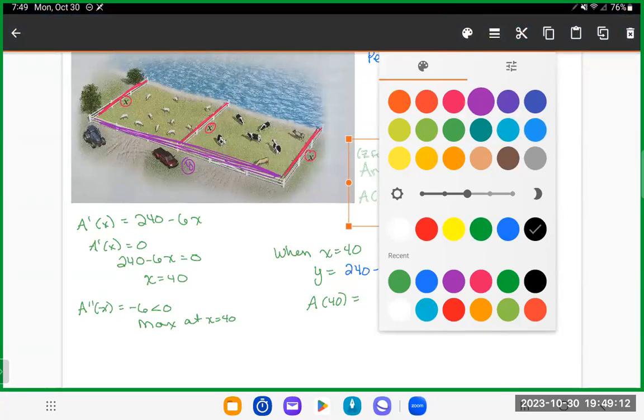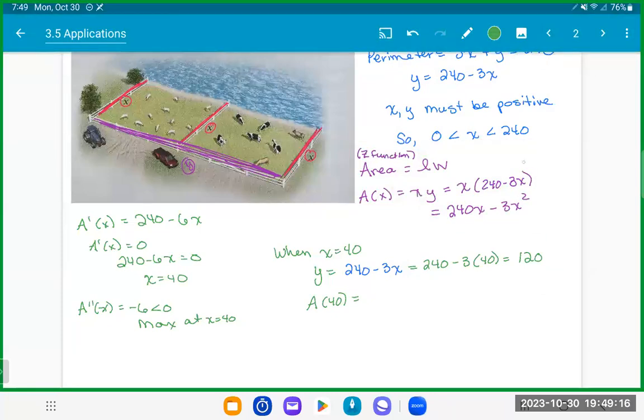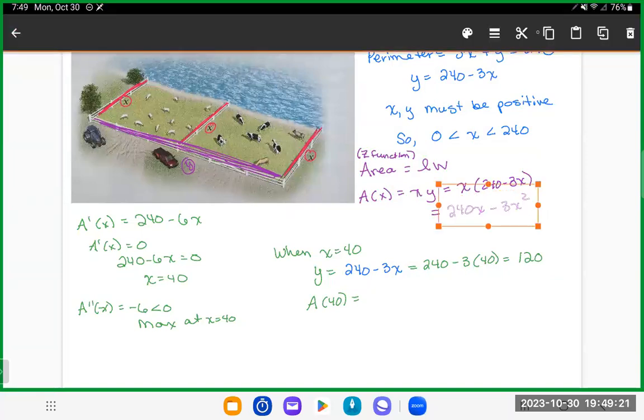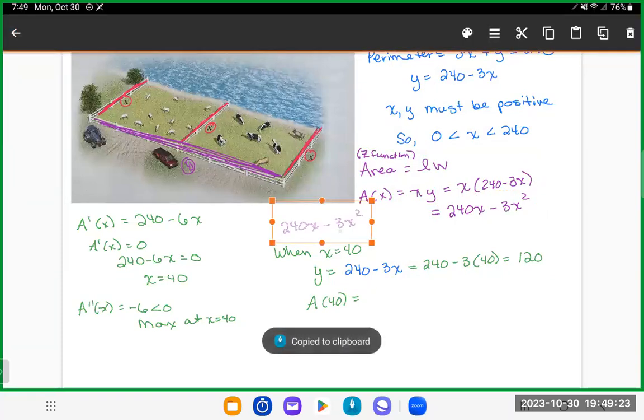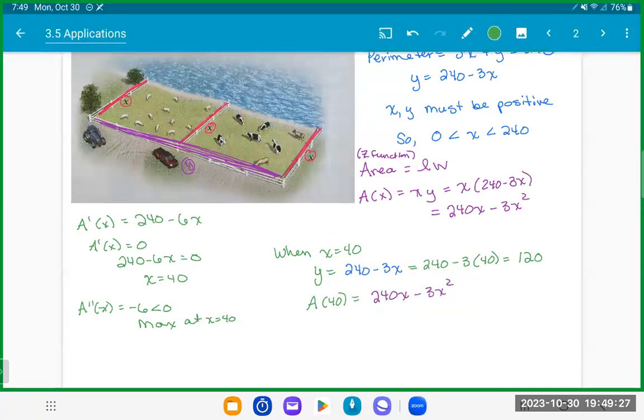Let's just do purple. So our A function is this right here. So we're going to copy that function and then plug in 40 for our x, right? So that's 240 times 40 minus 3 times 40 squared. Okay, and so this is 4,800.